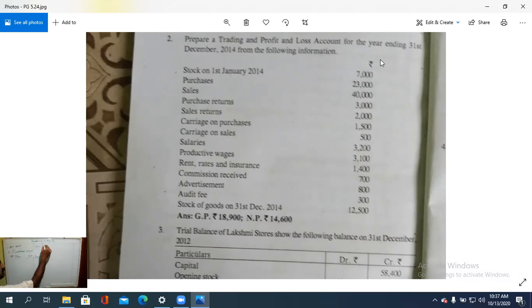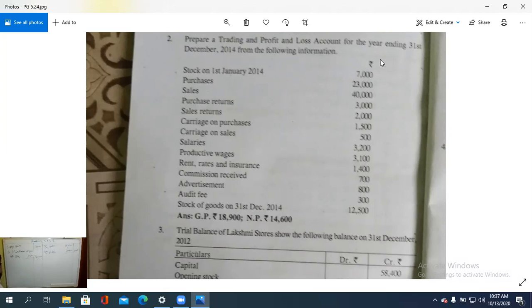Then by sales, how much is it? 40,000 in the inner column, less returns, how much is it? 2,000. So 38,000 in the outer column. Then carriage on purchases 1,500. Carriage on sales 500. So carriage inwards and carriage outwards.